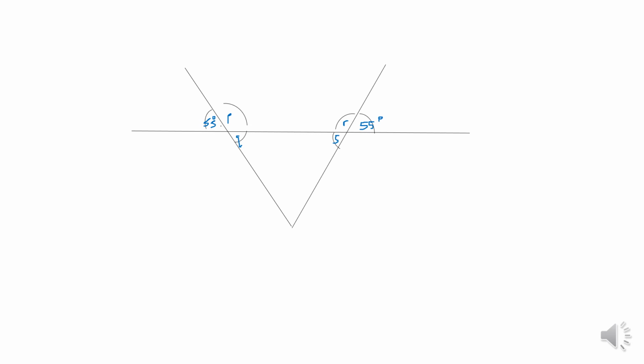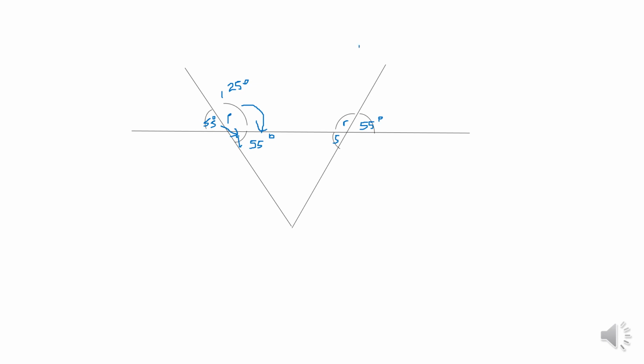Well, I can see that this angle is vertically opposite to Q, so Q would also be 55 degrees. And then I have to find P. And as I can see, P and this angle are on a straight line. So that would be 180 minus 55, which will give me 125. Okay, angles on a straight line.